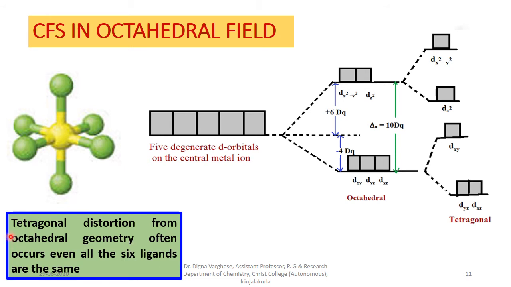Tetragonal distortion from octahedral geometry often occurs even when all six ligands are the same. If all the ligands are the same, we normally expect up to this crystal field splitting, but when we check the electronic spectra, we get more than one or two transitions. There are some other possible transitions that we can see in the Orgel diagrams.